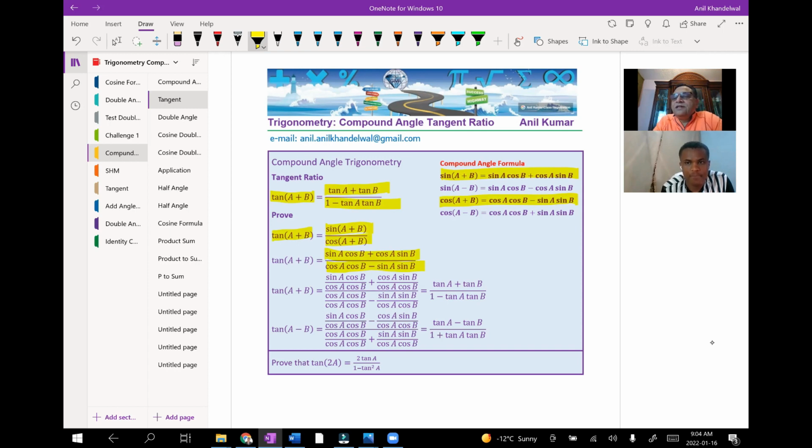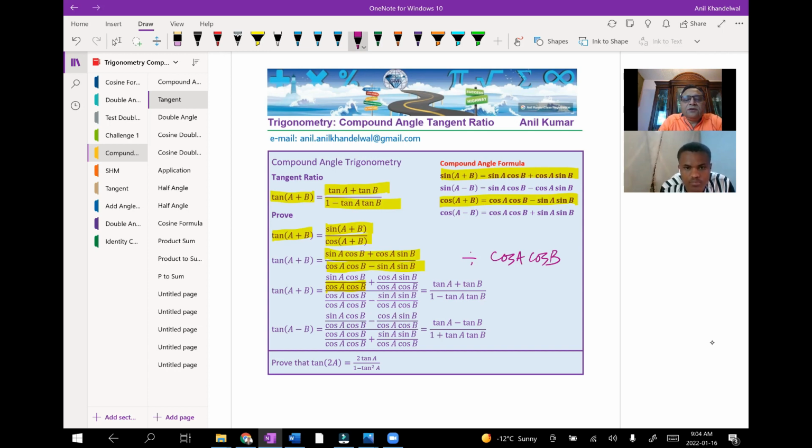Now to get it in tangent form, I'm going to divide both numerator and denominator by the term cos A cos B. So if I divide both numerator and denominator by cos A cos B, then the equation can be simplified as shown here.